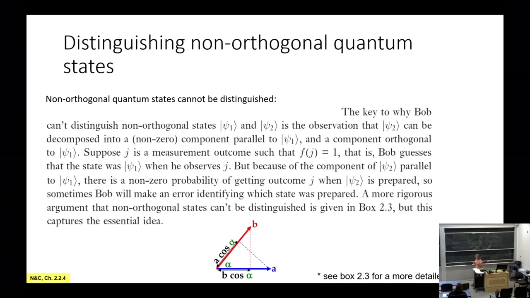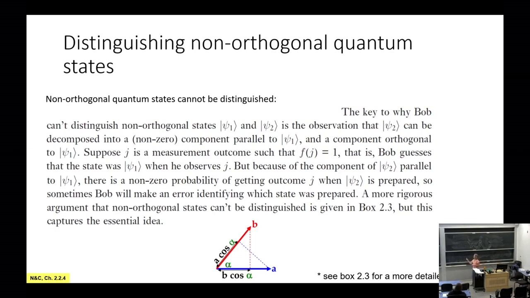But because psi 2 has a component parallel to psi 1, there's a non-zero probability of getting j when psi 2 is prepared. So sometimes Bob is going to make an error in identifying which state was prepared.